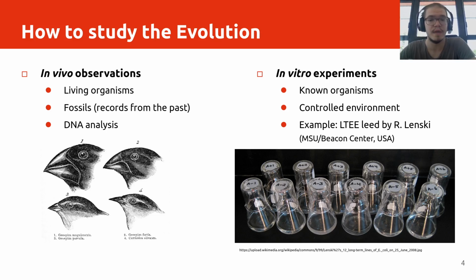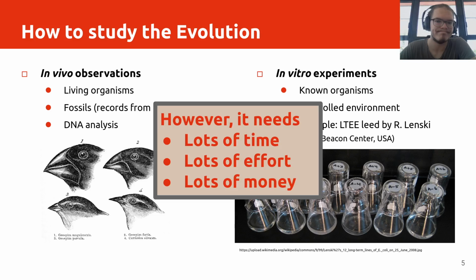You can also do in vitro experimentations, which is similar to in vivo but using controlled environment and population. A famous example is the long-term evolution experiment of Richard Lenski that observed E. coli bacteria evolve for 30 years.